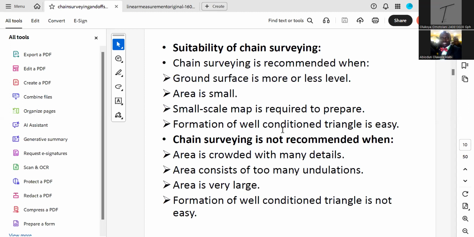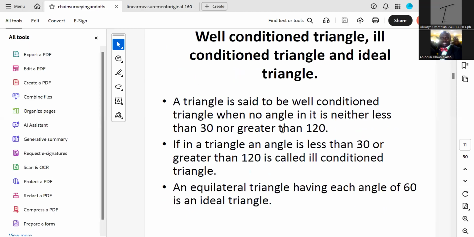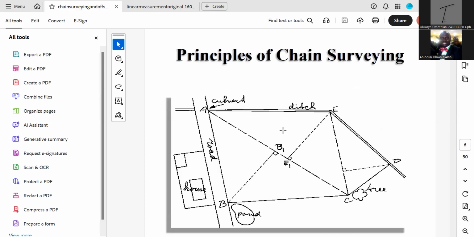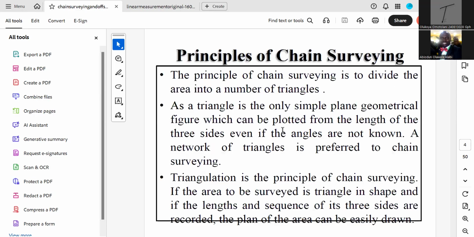All right, so let's take notes of that. I'm still coming to explain what the well-conditioned triangle simply means. We talked about the principle of chain surveying, which is triangulation.